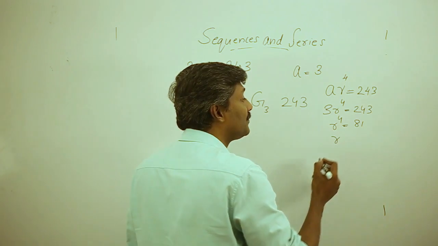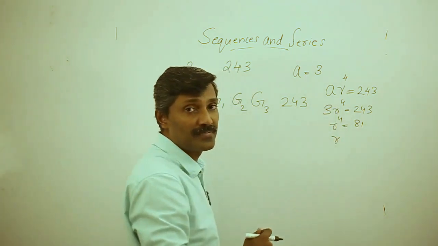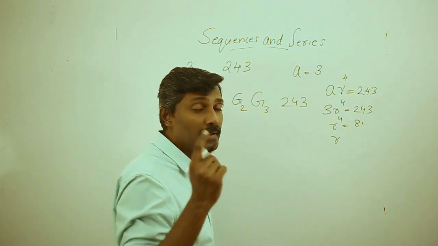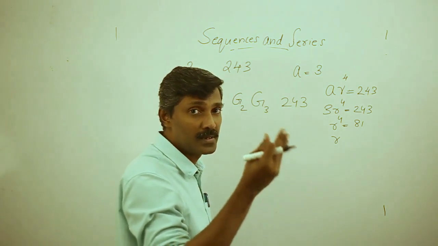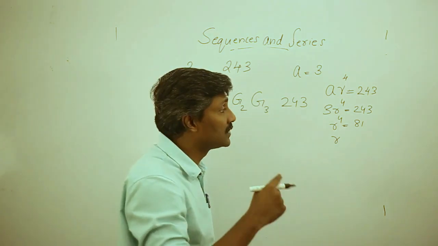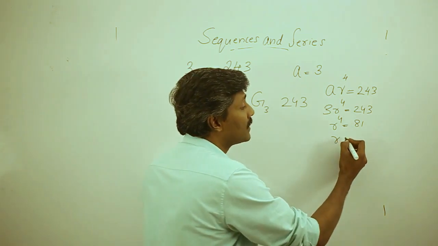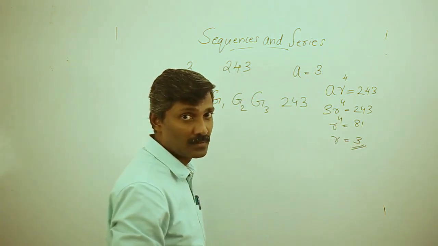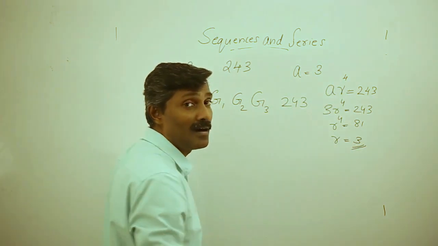Which number raised to the power 4 will give you 81? Just think, it is 3 into 3, 9, into 3, 27, into 3, 81. So the fourth power of 3 is 81. That means R is 3, because 3 raised to 4 is 81, right?